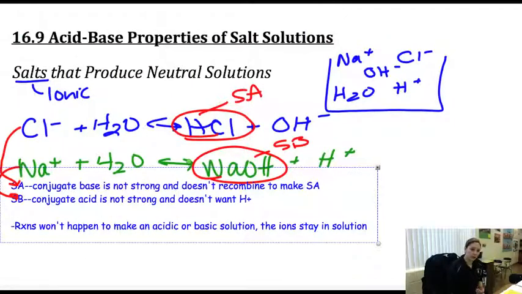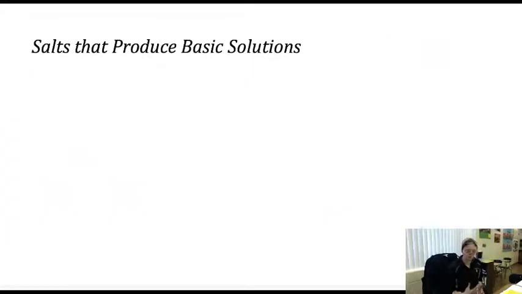Well, if we look at the next example, which does make our solution basic, it means one of them is actually going to interact with water and make something different. Whereas with the Na and the Cl, I might be interacting with water, but it's not actually producing anything in a reaction. They're just both there. Okay.